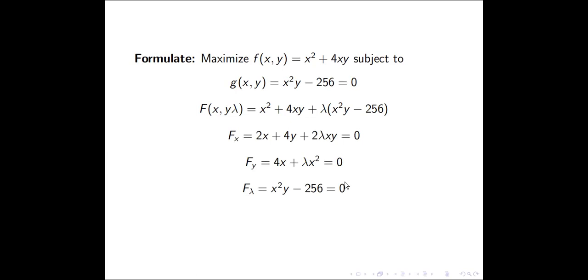Now let me just explain how to solve the system. Looking back at the second equation, try to factor this out mentally. You factor out x, you'll get 4 plus lambda x. Anyway, this will be uploaded.